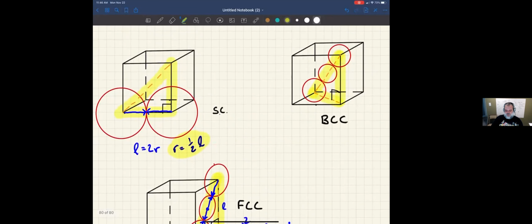It's the most complicated. So in body-centered cubic unit cell structures, here are my radii. 1, 2, 3, 4. Now, it is 4 radii that is the hypotenuse, but it's the hypotenuse of a different triangle.